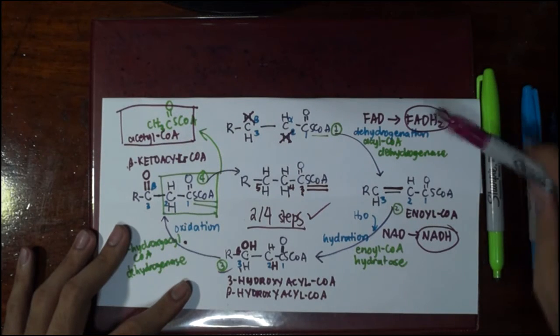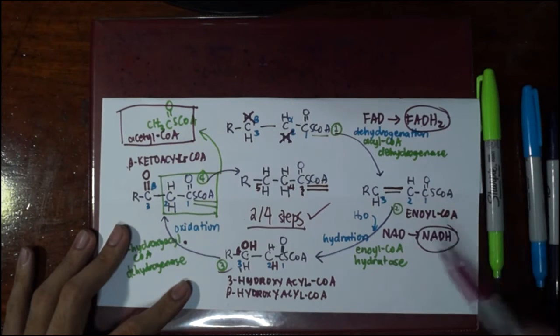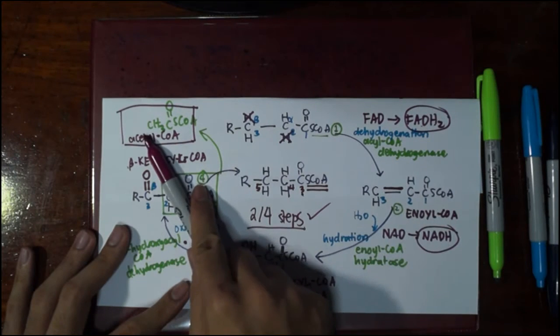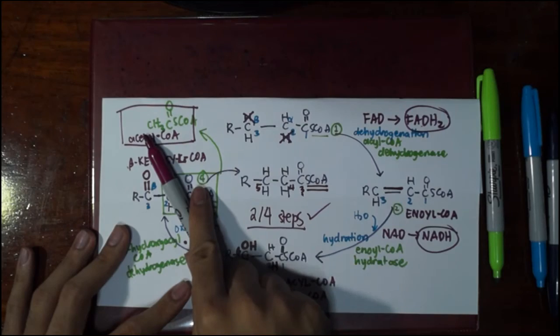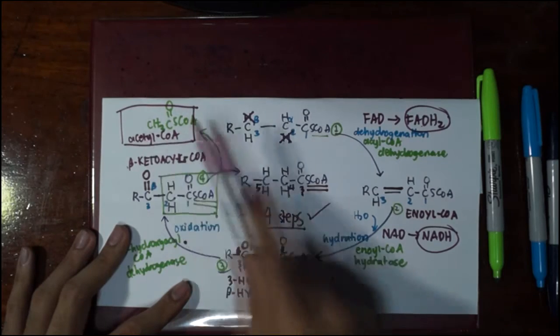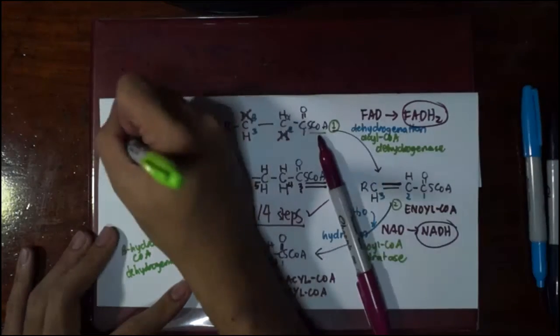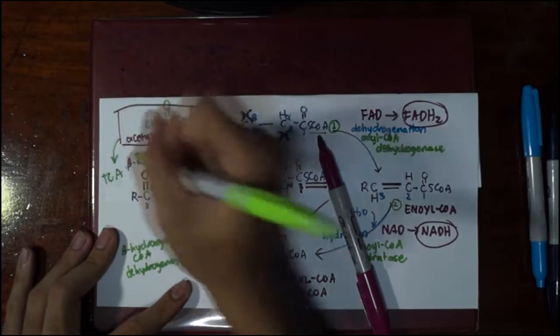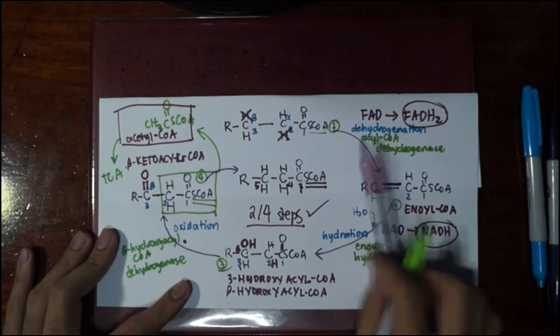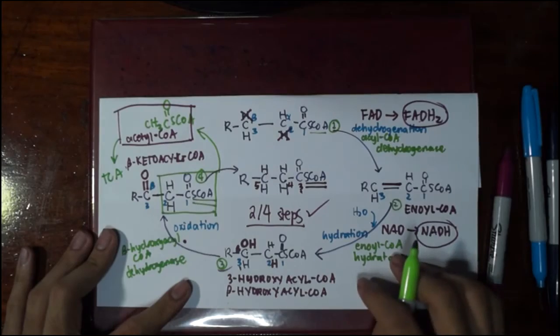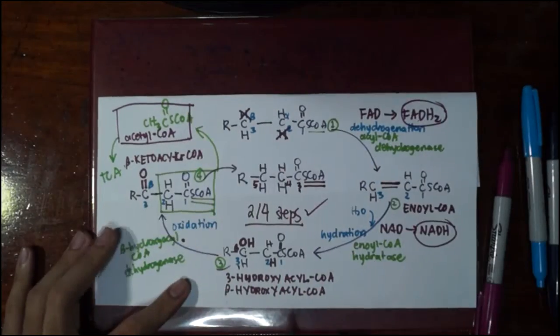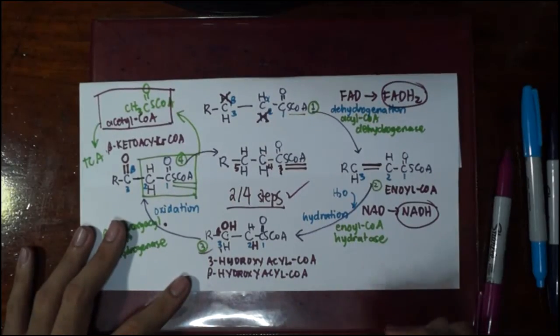So in addition to FADH and NADH, you also have acetyl coenzyme A as an energy generating process. Because why? What happens to acetyl coenzyme A? It will undergo TCA, and we know that in the TCA cycle, a lot of cofactors are being produced. So a lot of energy can be generated from just one round of beta oxidation.